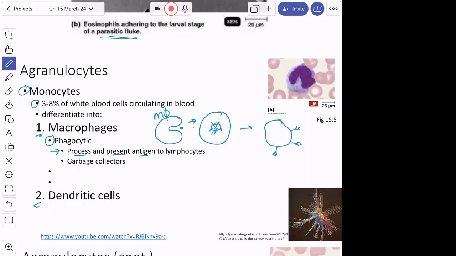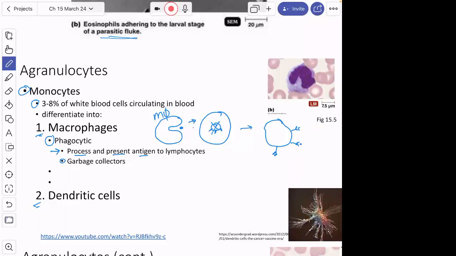Macrophages are also considered garbage collectors. So they are traveling throughout our body. We have lots of macrophages in lots of different parts of our bodies, the spleen, the alveoli of our lungs, lots of places. They're going around and cleaning up dead and dying cells.